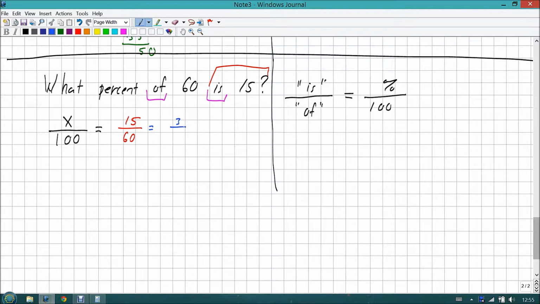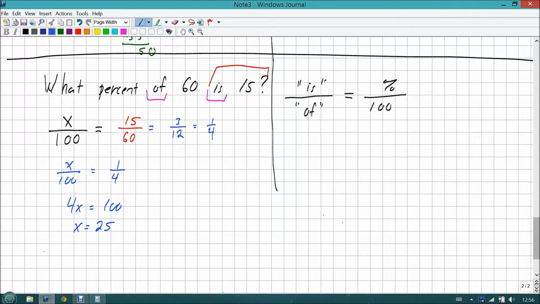So that would be 3 over 12, that's 1/4. So I have x over 100 is equal to 1 over 4. We can then cross multiply. 4x is equal to 100. x is equal to 25.